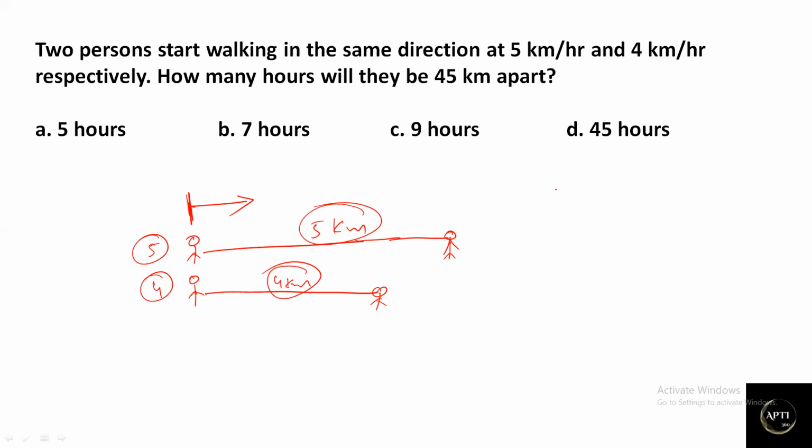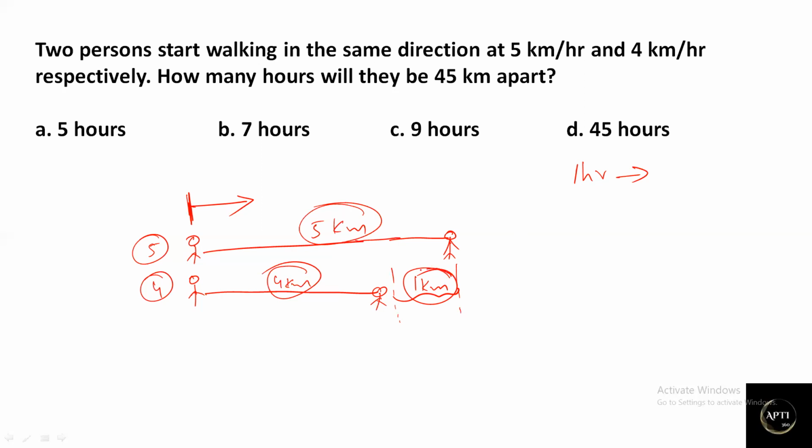Can you tell me after 1 hour what will be the distance between the first person and the second person? Can I say that it is 1 kilometer? Yes or no? After 1 hour, the distance between them is 1 kilometer.